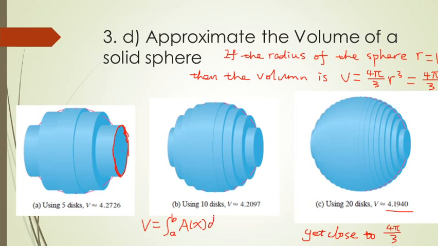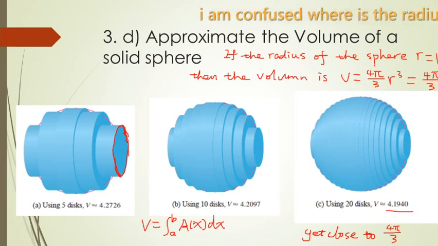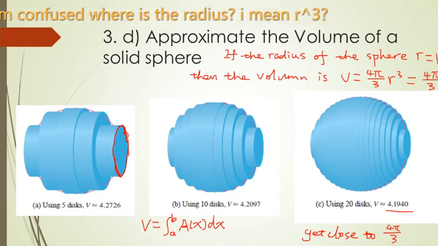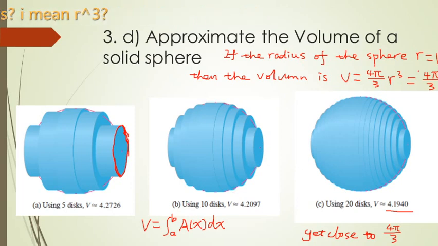Here the cross-section area, if we can figure out the radius for each cross-sectional circle, then that will be easy. Here is the given information, the radius. Here is the radius I'm giving for a sphere.